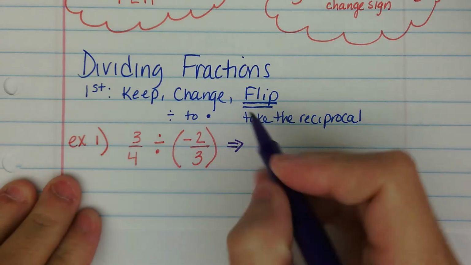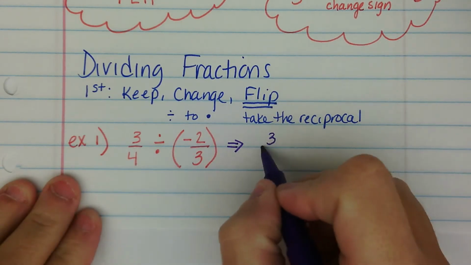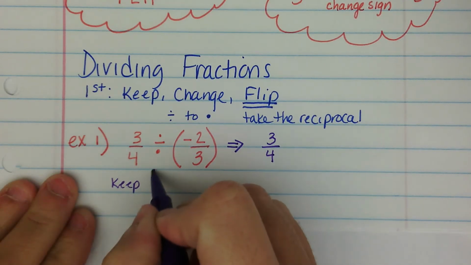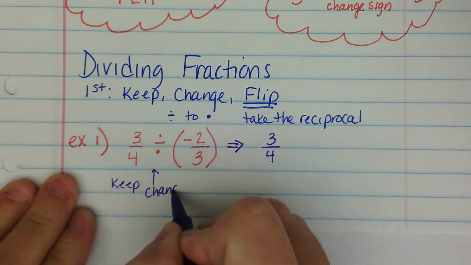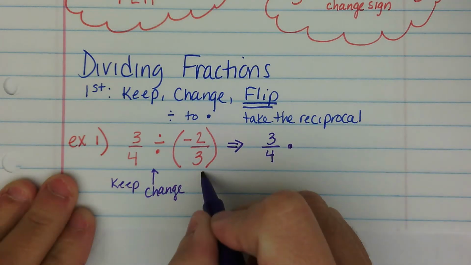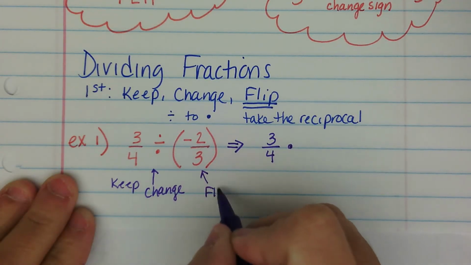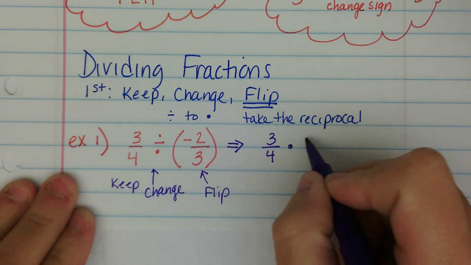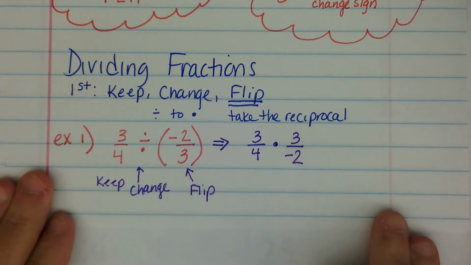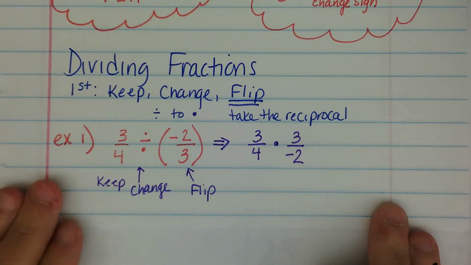We're going to keep the first. This is our keep. We're going to change this division to a multiply, and we're going to flip this fraction, which gives us 3/-2. Okay, we're just keep, change, flip.